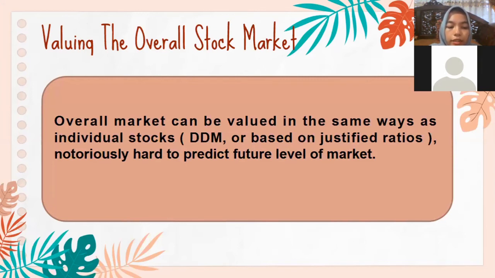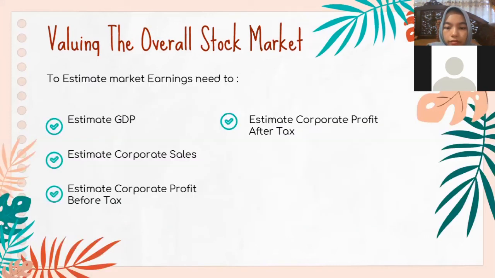This is related to stock investment being affected immensely by general market movement, and general market movement is linked to economic changes. To estimate market earnings, we need to estimate GDP, second, estimate corporate sales, third, estimate corporate profit before tax, and the last one, estimate corporate profit after tax.